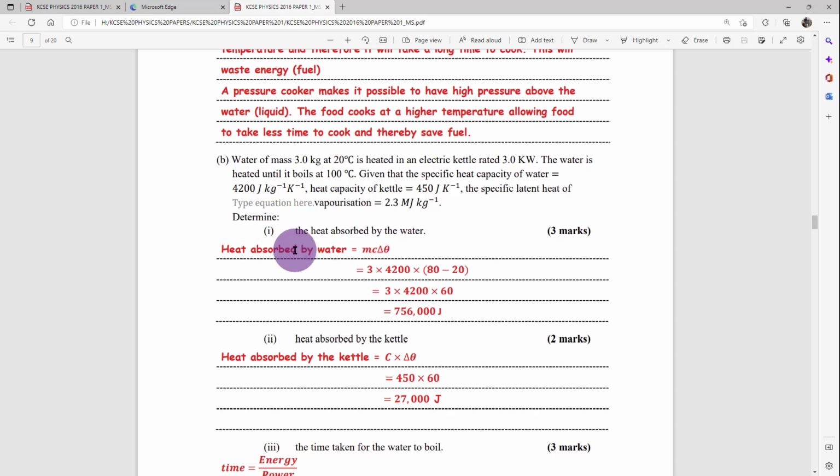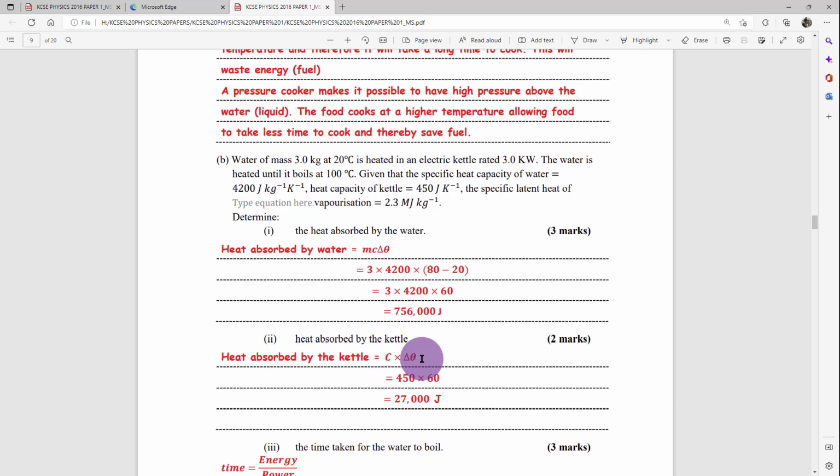Of course, the heat absorbed by the water will be given by mcΔθ. Delta theta is the rise in temperature of the water, where c is the specific heat capacity of the water, and I get this value, 756,000 joules. When it comes to the heat absorbed by the kettle, I'll have to multiply the heat capacity by the change in temperature.